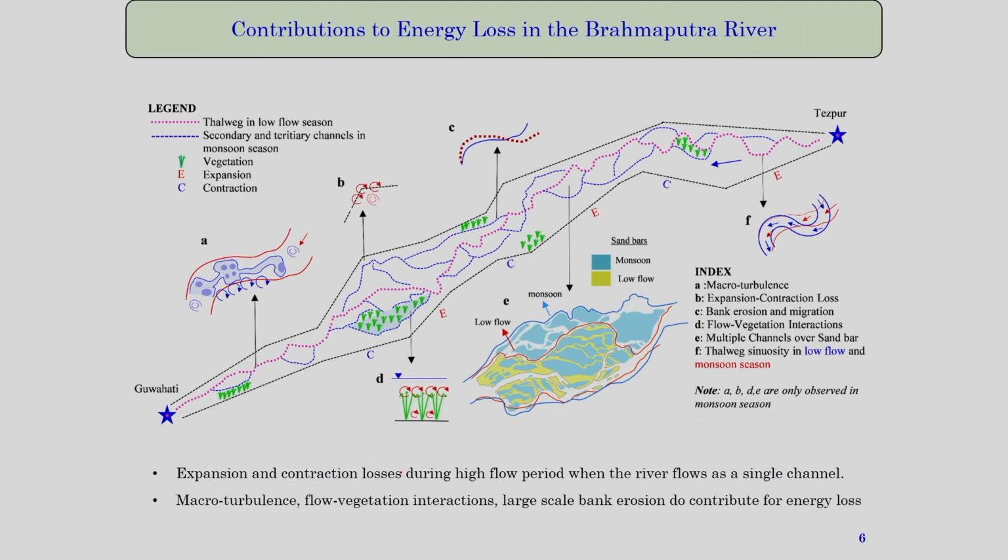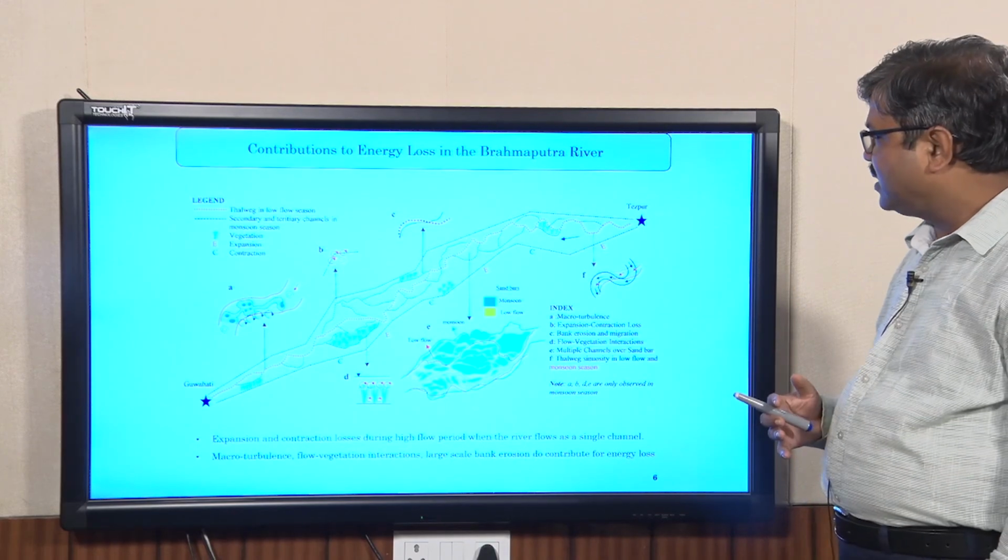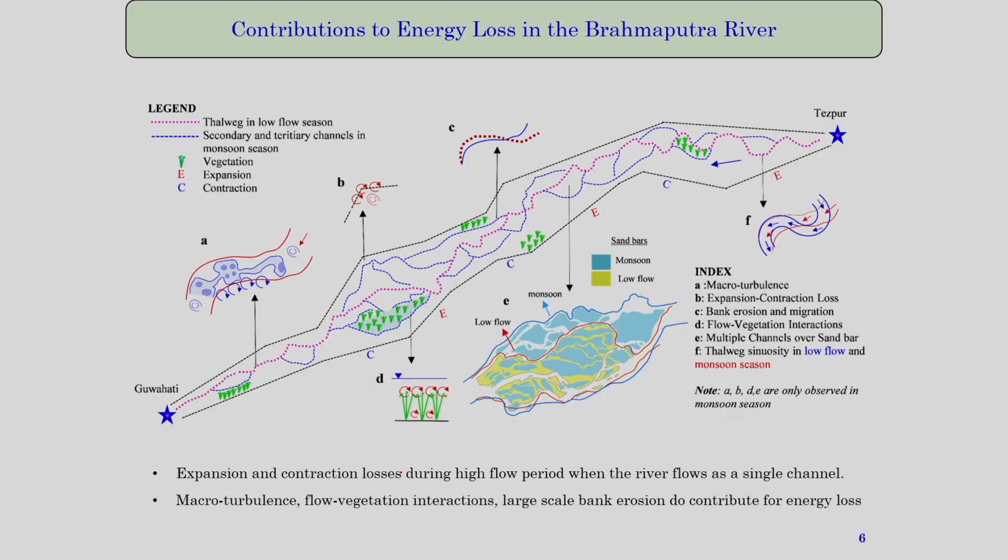Now there are very interesting figures showing how many types of energy dissipations happen in the Brahmaputra river. For example, the Brahmaputra is about 100 to 120 kilometers long from the Tezpur location to the Guwahati location, and you can see the river expand and contract.